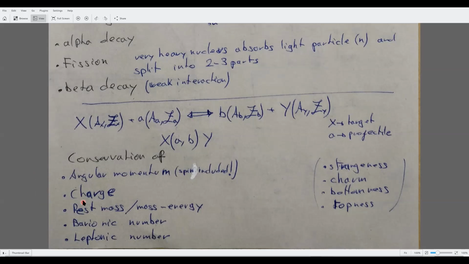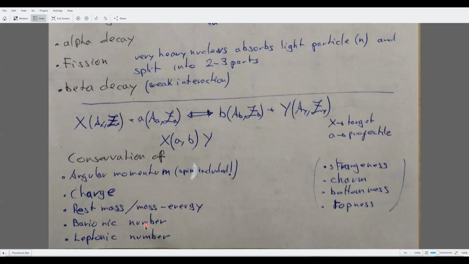Another characteristic is conservation of charge. If the reacting particles in total have a neutral charge, the products in total should also be neutral. The charge has to be conserved during the reaction.